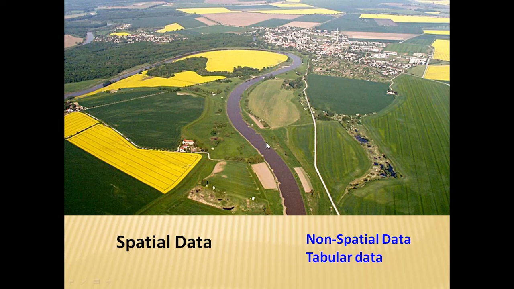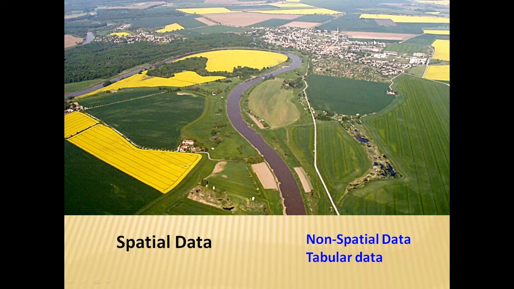Now spatial data. Spatial data is nothing but a location, geographical features located on the surface. So these are all spatial data. The river, road network, village, forest, agriculture, these are all spatial data. Now what is non-spatial data?